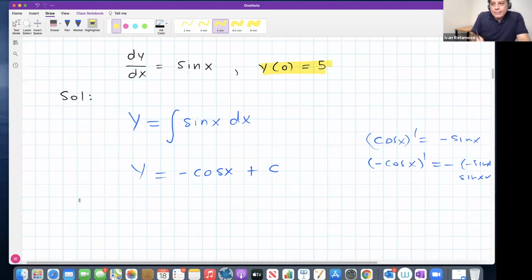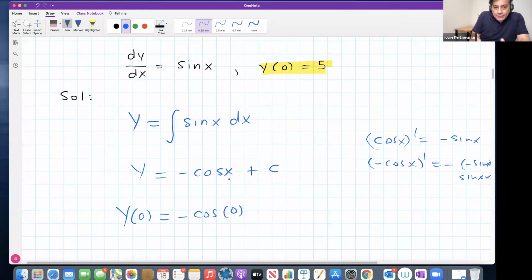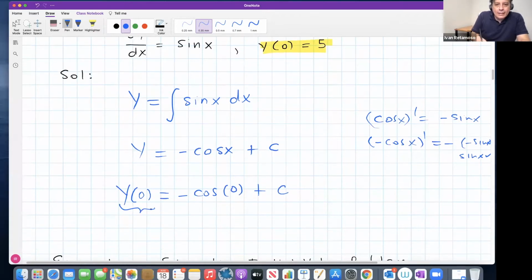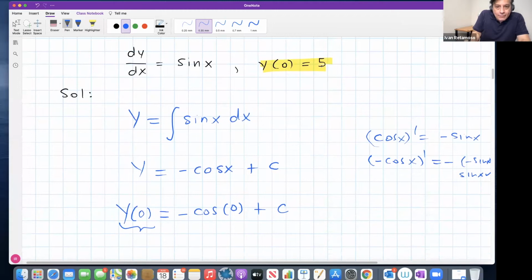We're gonna do the evaluation of this function y when the input value is 0, which on one hand should be this. I substitute 0 instead of x, and on one hand it should be this. But on the other hand, they're telling me that this is 5. So put 5 there and get yourself an equation that you can solve for c.